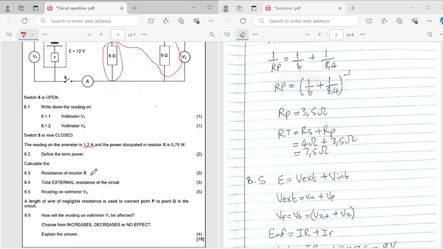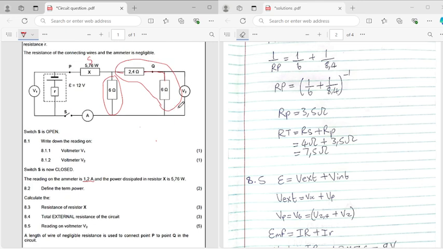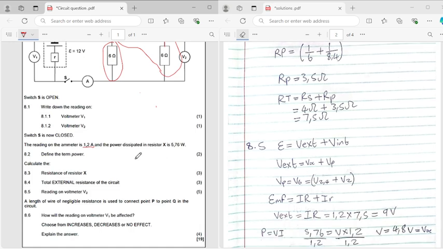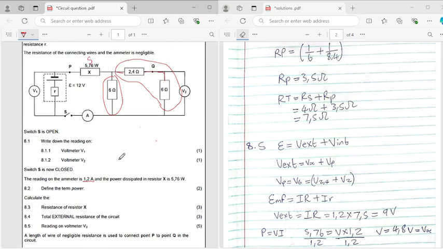Since we already have the total external resistance of the circuit, in question 8.5 we now have to calculate the voltmeter reading on V2, right? This one is a bit tricky, but I'll break it down in such a way that you can understand.